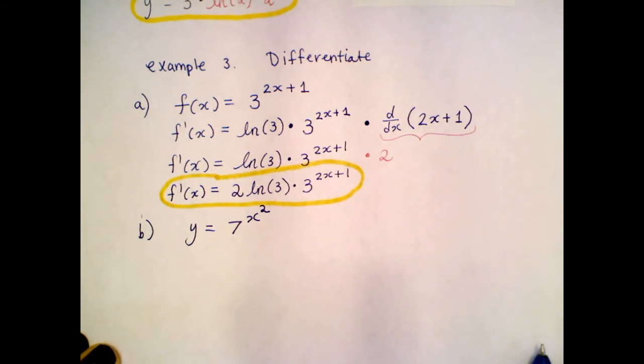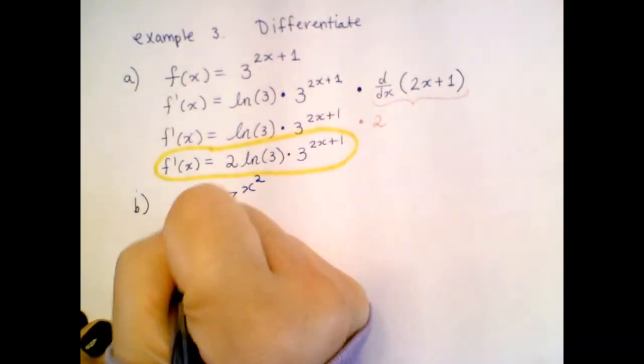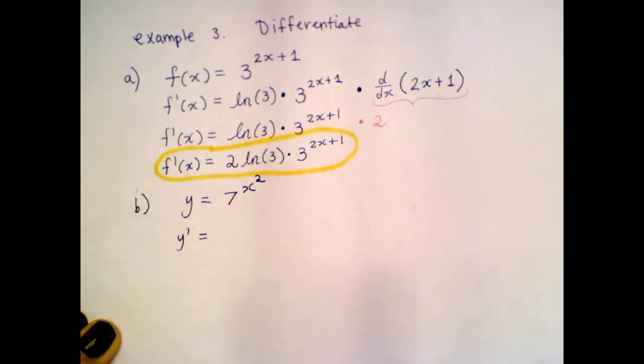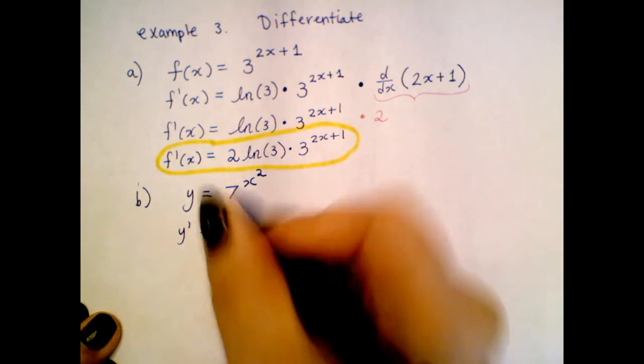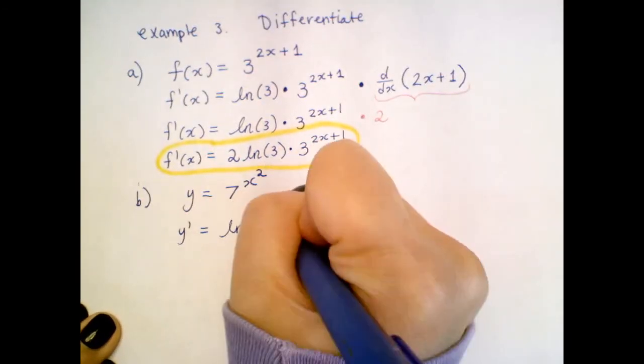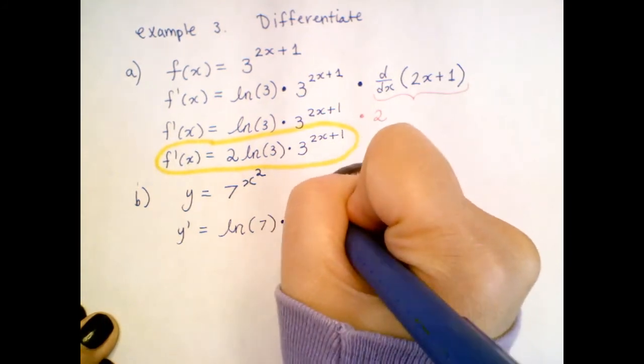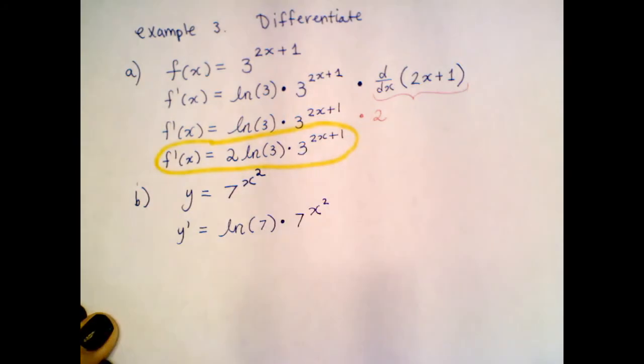All right, another one, B. As you can see, we're going to have to differentiate x to the second power, right? All right, so what's y prime? Y prime is equal to, well, this is an exponential expression, so you do need to write down the natural log of the base first, ln of 7 times 7 to the x to the second power, x squared.